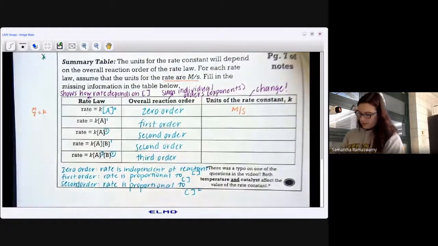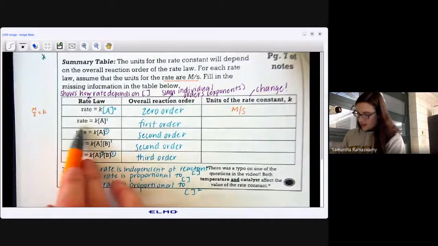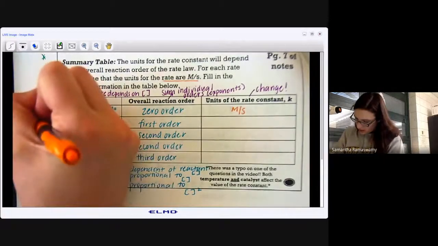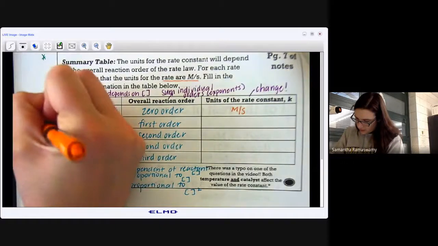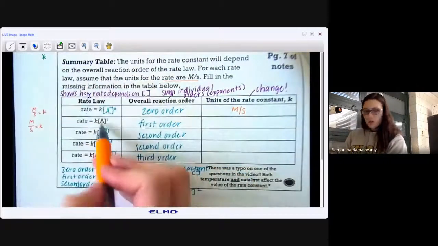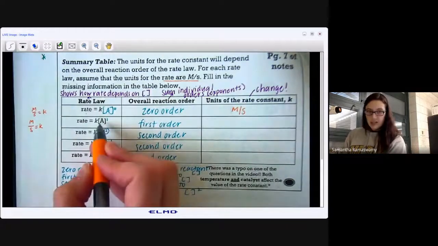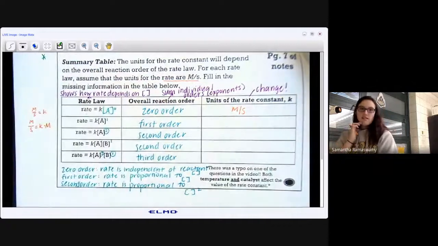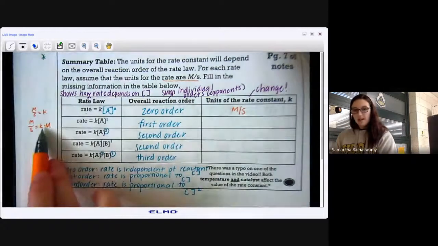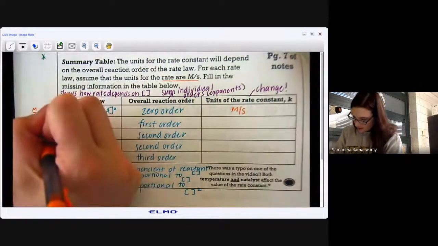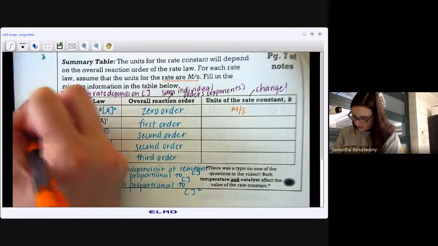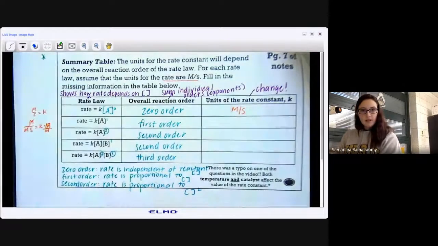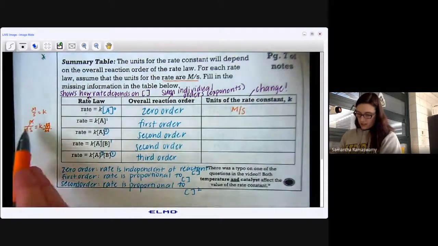First order, so let's just plug in units. Rate equals K times the concentration of A. So rate is molar per second equals K times concentration. Remember, concentration is molarity. Now, if I solve this for K, I need to divide both sides by M. All right, notice your molarities cancel over here.